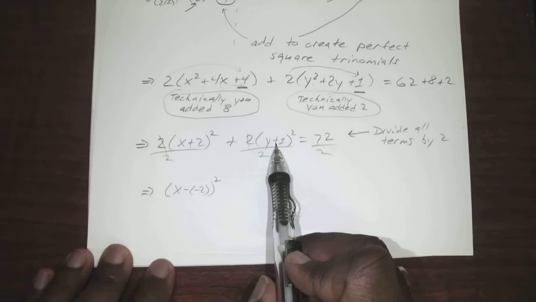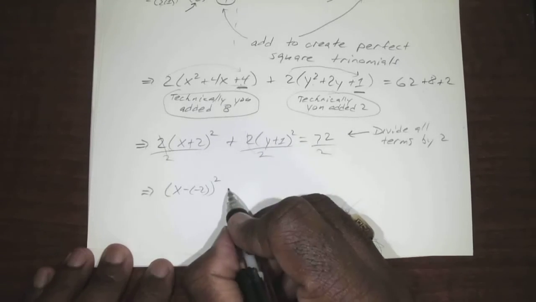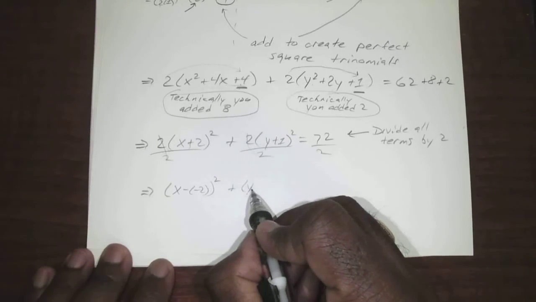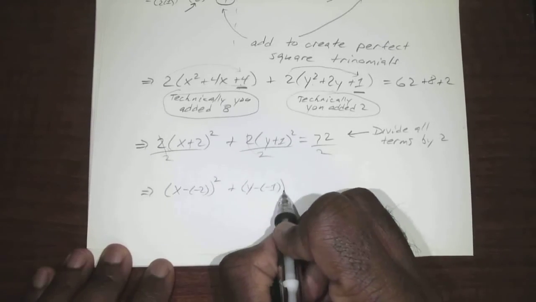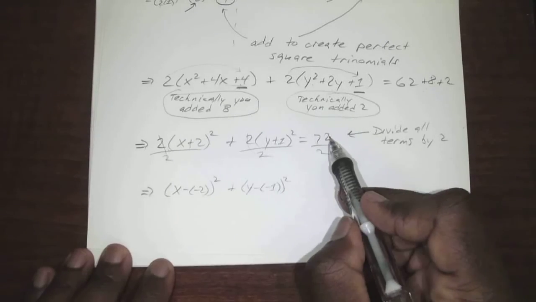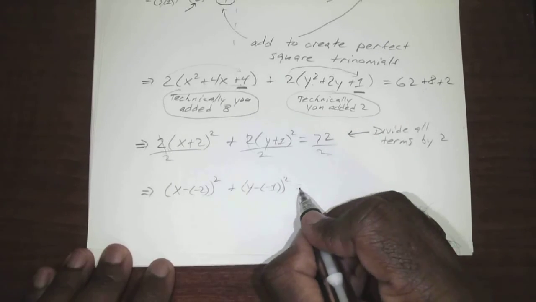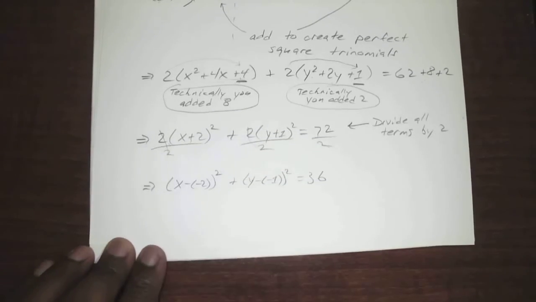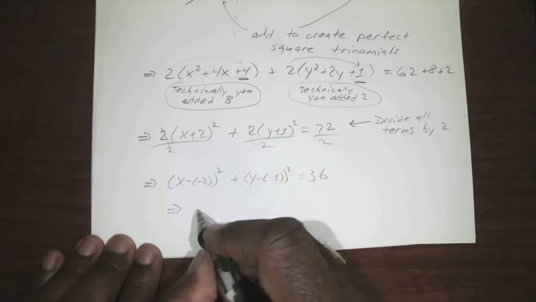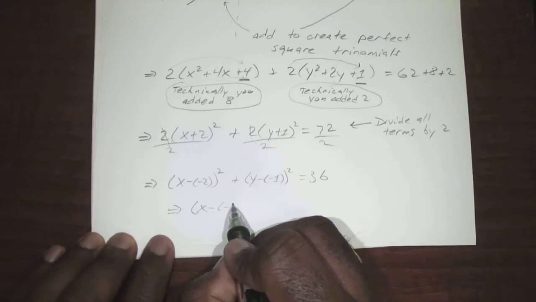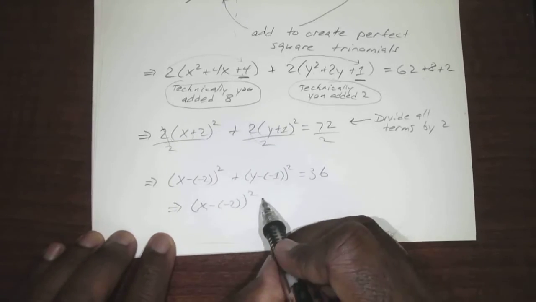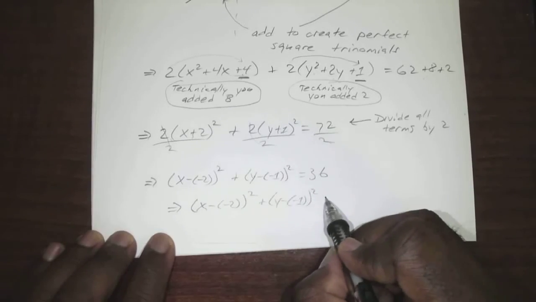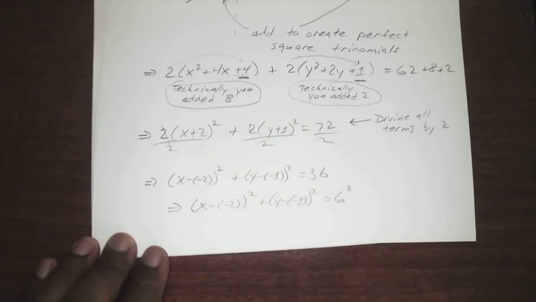And instead of y plus 1, we can just make it y minus negative 1 squared equals 72 divided by 2 is 36. Or we can just make that, actually, since I'm going to rewrite it anyway, x minus negative 2 squared plus y minus negative 1 squared equals 6 squared.